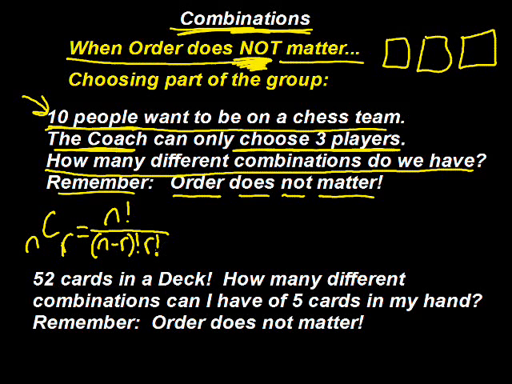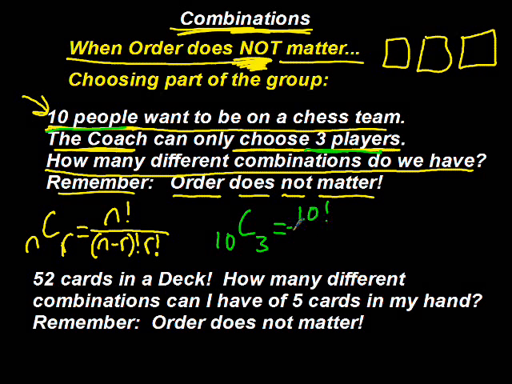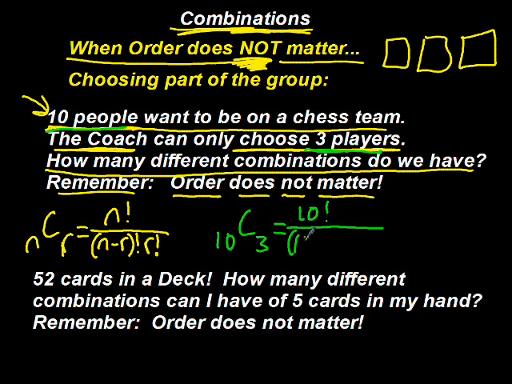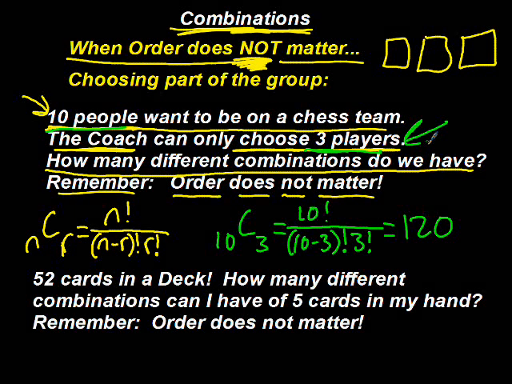So in our example with 10 people, I'm going to have 10C3, choosing 3 players only, and that's going to equal 10 factorial divided by 10 minus 3 factorial times 3 factorial. I plug this into my calculator and I end up getting 120 different choices of these 3 kids. It doesn't matter what order they're in. There's only 120 different teams of 3 players I can grab from 10 players.